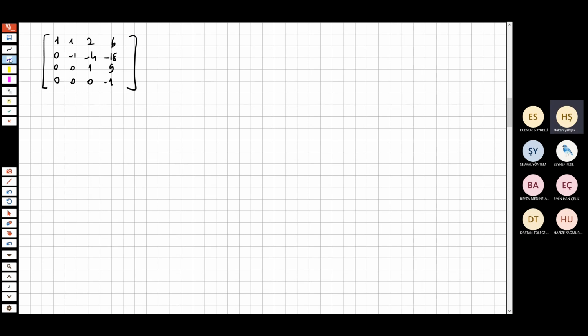I think it is in echelon form already. First pivot, all entries below are 0, there is no problem. Second pivot, all entries below are 0, no problem. Third pivot, 0, last pivot, minus 1. In every column, as you can see, we have pivot positions. Therefore, all polynomials are linearly independent.